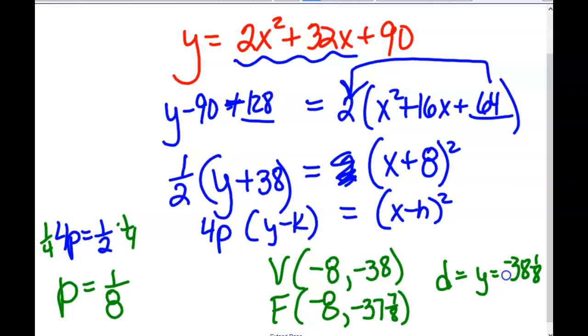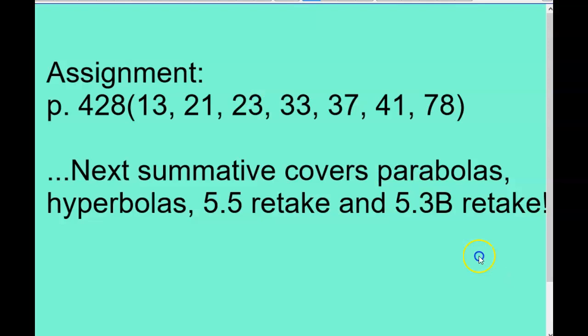You can give me a fraction, a decimal, an improper fraction, a mixed number, I don't care. When it's ugly like that, as long as it's equivalent, I'll be happy. I think I did that right. I hope I did that right. All right, so we will practice more completing the square, but it's definitely on the quiz.